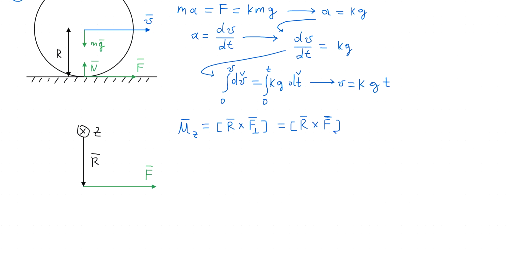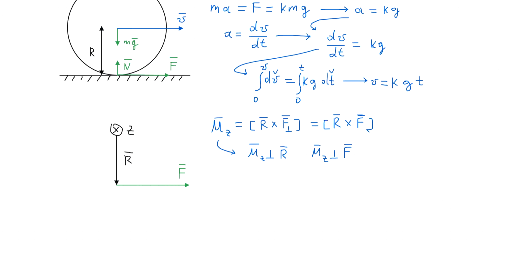According to the properties of the vector product, first of all MZ will be perpendicular to R, and MZ is perpendicular to F. So MZ is perpendicular to the screen, but there may be two answers, from us and to us, and only one of them will be correct. So which direction should we choose?